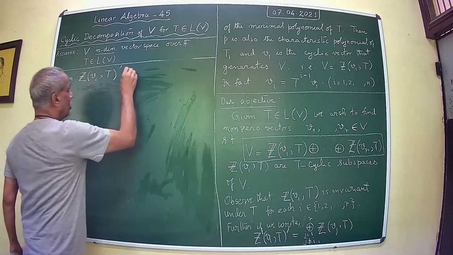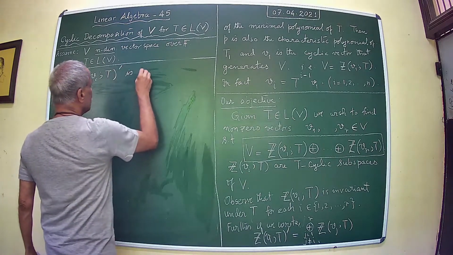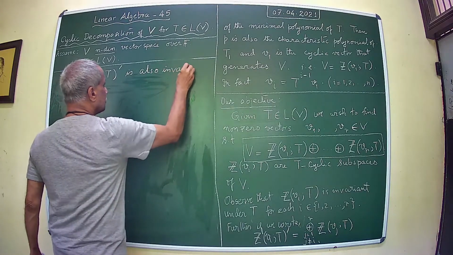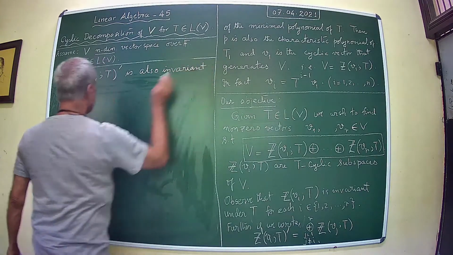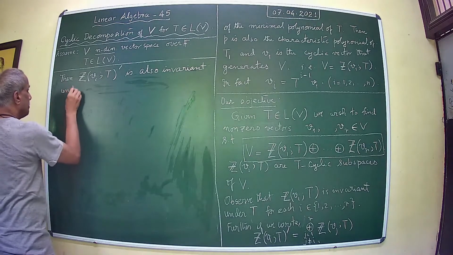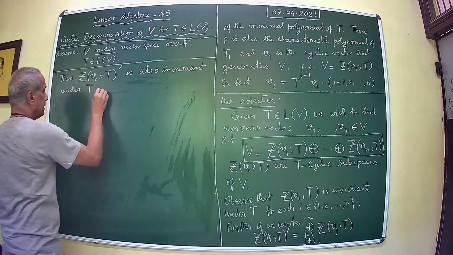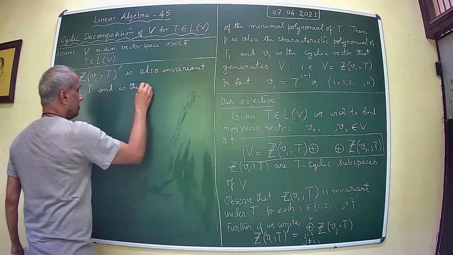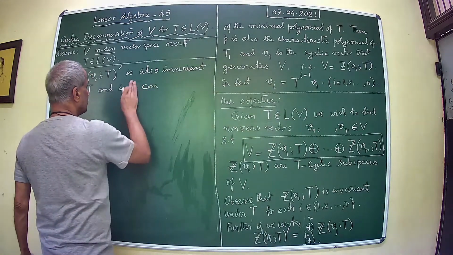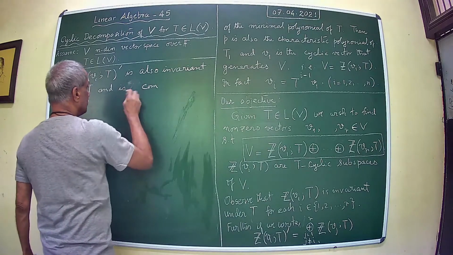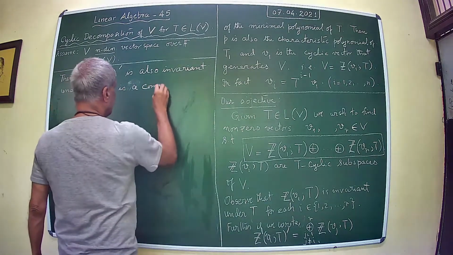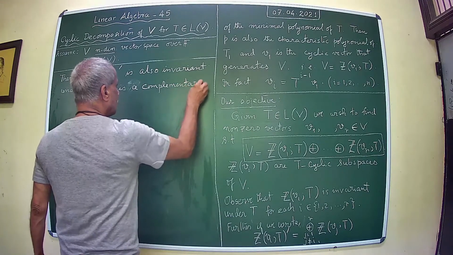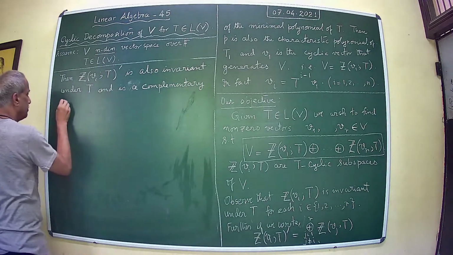Z(vi; T) prime is also invariant and is the complementary subspace of Z(vi; T).